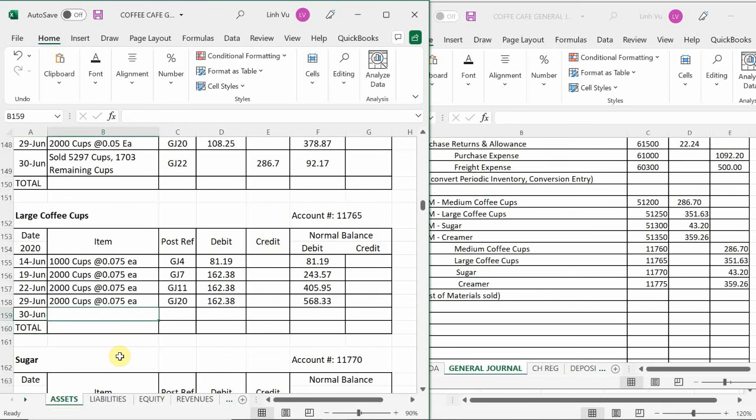Okay. We sold 4,331 cups. And if we have a total of 7,000, we should have 2,669 cups remaining.